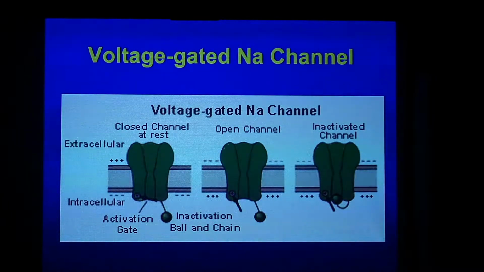There are probably mutations where that happens, because sometimes these channels get leaky, and that has important clinical effects. But as far as I know, if things are working properly, the inactivation event, the ball and chain, is separate and distinct from the gate event, where we have to close it.